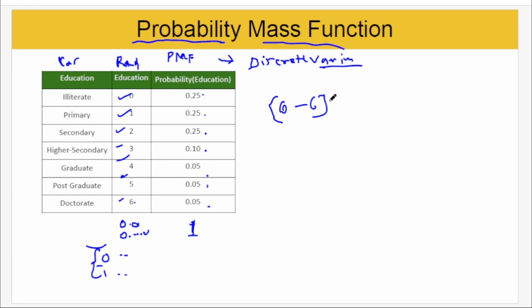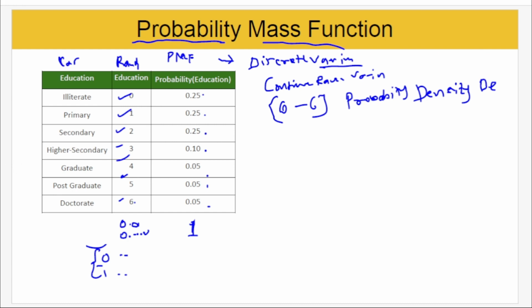In that case, it becomes a continuous random variable. For a continuous random variable, we have another function. You can also calculate the probability there. Normal distribution also comes under continuous, a normal distribution is a continuous random variable.